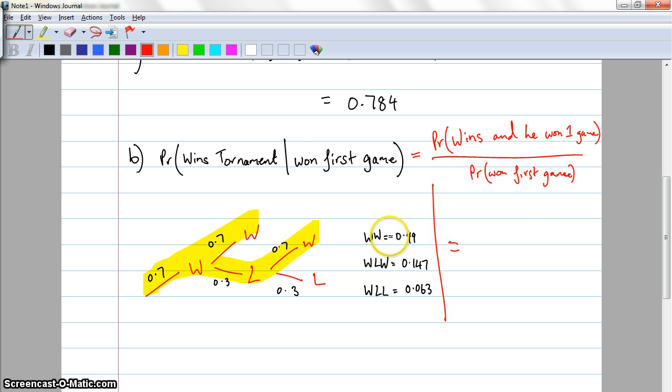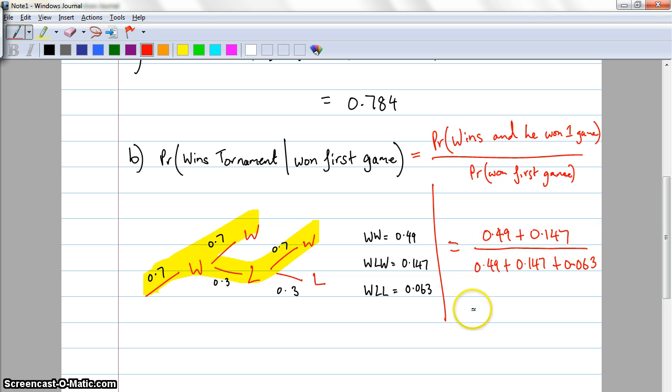So this then becomes wins the first game and wins the whole tournament. So wins the first game and wins the third game. So 0.49 plus 0.147, divided by, he wins the first game, and that's the only thing that we've got. That's our 100%. So it doesn't matter whether he won the whole tournament. Now on the bottom, that becomes 0.49 plus 0.147 plus 0.063.